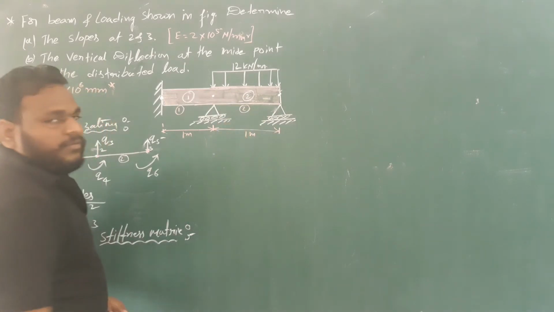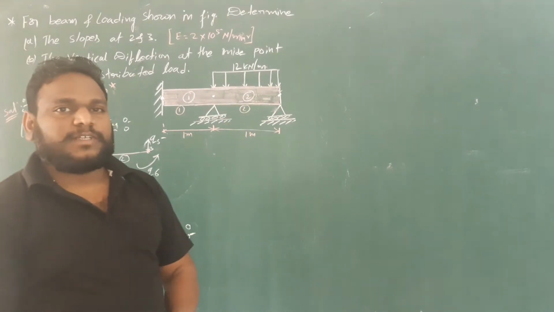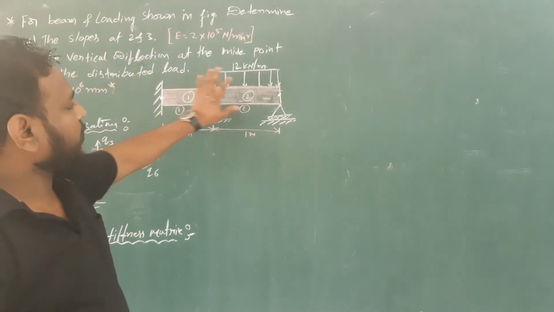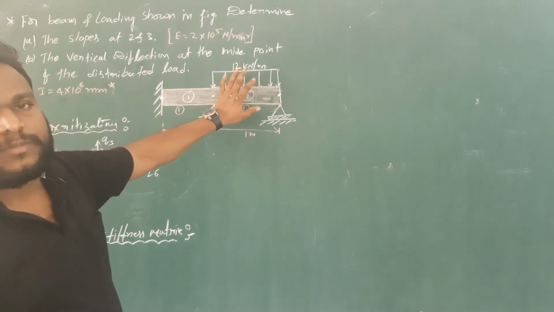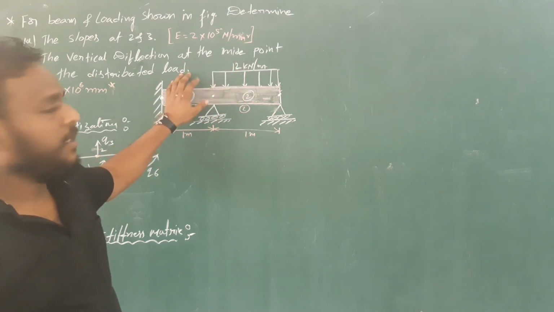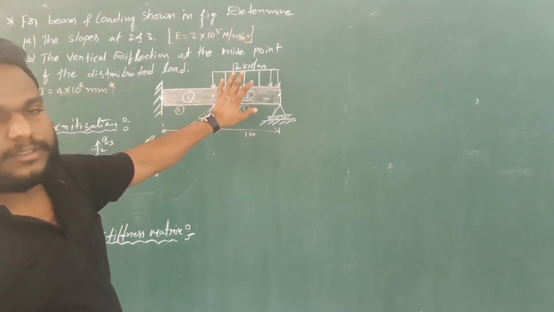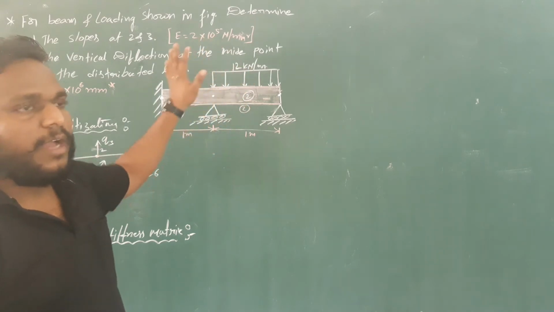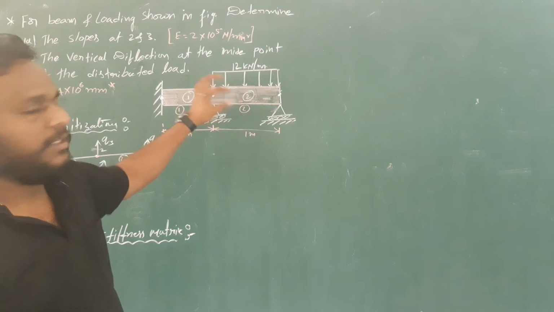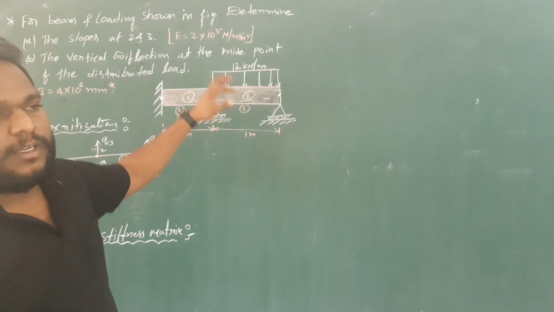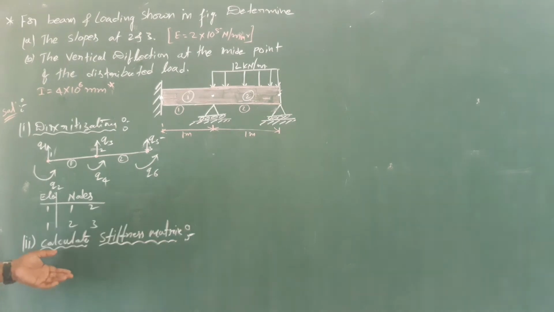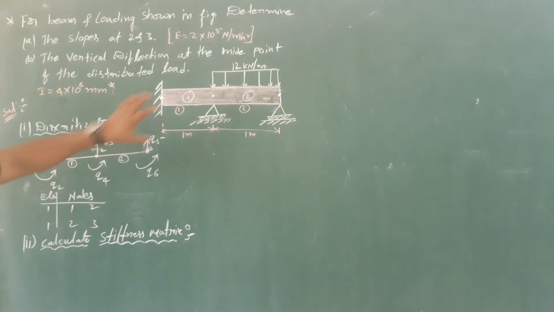That's why we will get 2 stiffness matrices here. One is the first element stiffness matrix and then the second element stiffness matrix. After getting the first and second stiffness matrices, we will convert them into the global stiffness matrix. These 2 individual stiffness matrices are converted into the global stiffness matrix. First we have to find out the individual stiffness matrix.